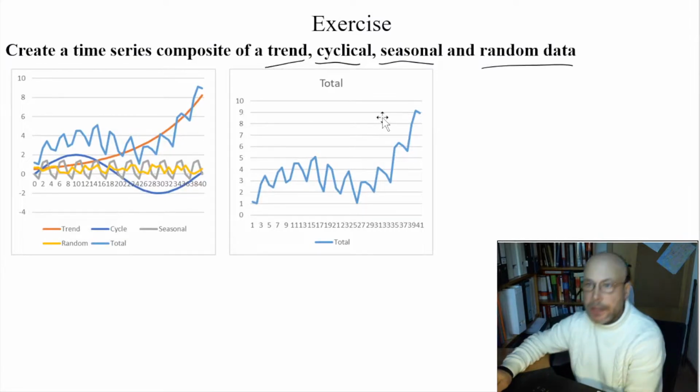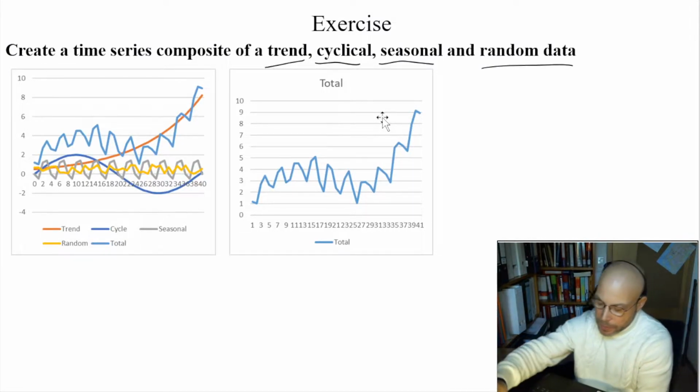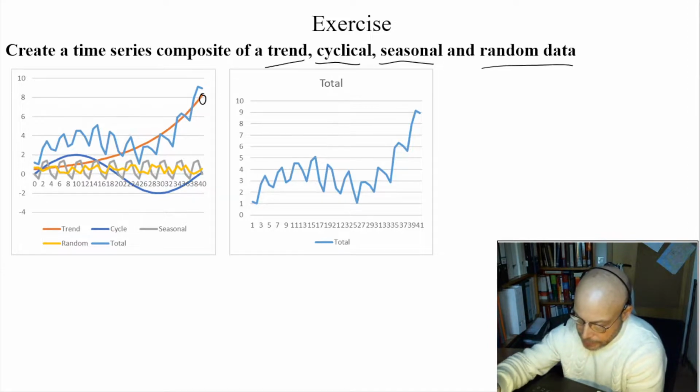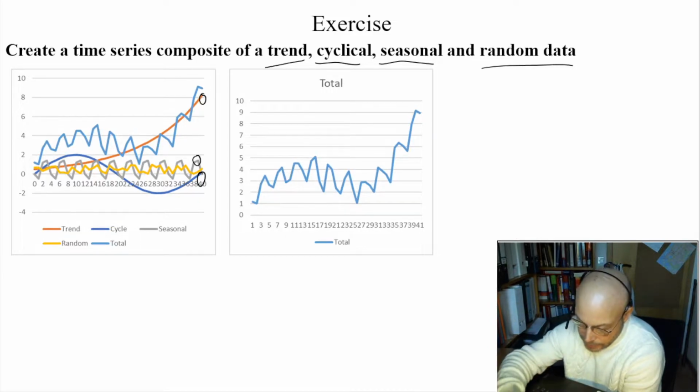Anyway, we did it the last time. So we started with creating a trend, then with our cycle data, then the gray line with our data of the seasonality, and the yellow one, the random component.